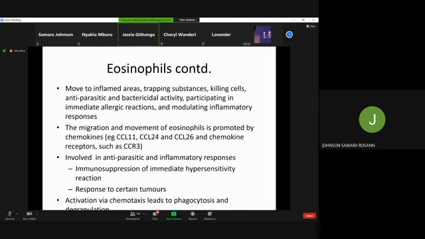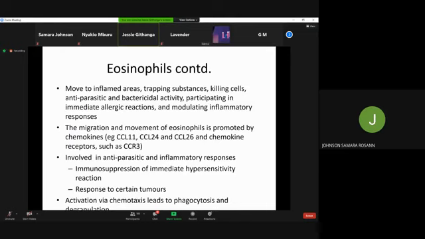They include the immunosuppression of that, and they also respond to certain tumors. Especially where you have tumors and necrosis of these tumors, you will tend to get a rise in eosinophils as they respond.